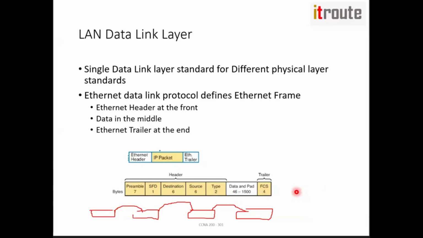And usually, the majority of switches and their ports support frames of 1,500 bytes, but some switches support jumbo frames. That means they support more than 1,500 bytes, let's say 1,600, 1,700, or 1,800, something like that.